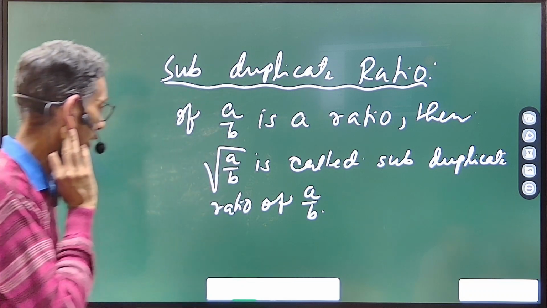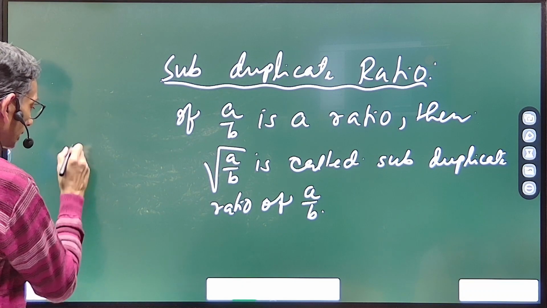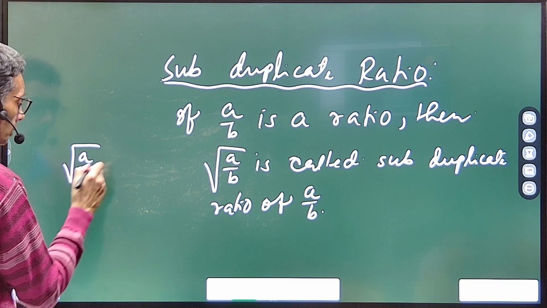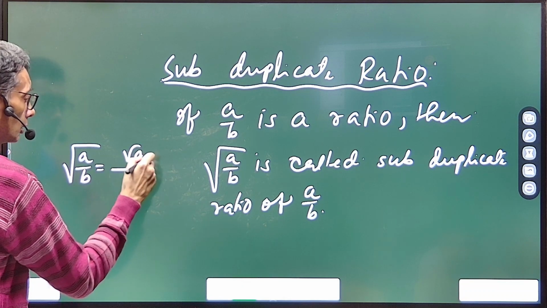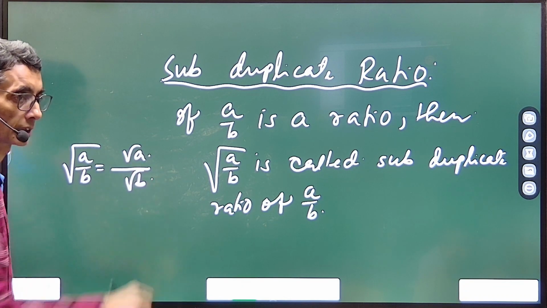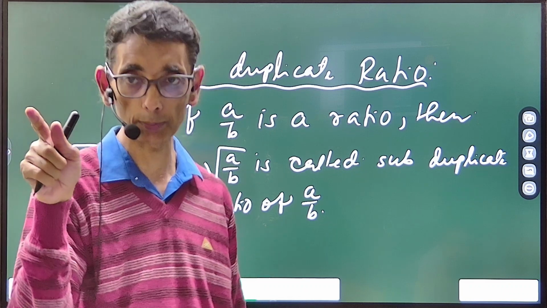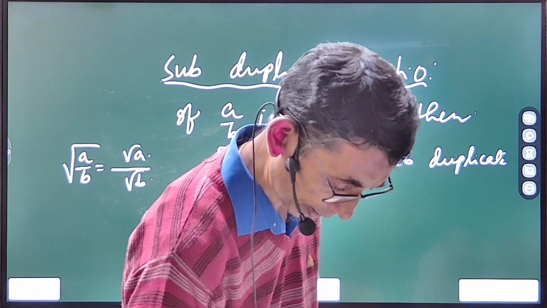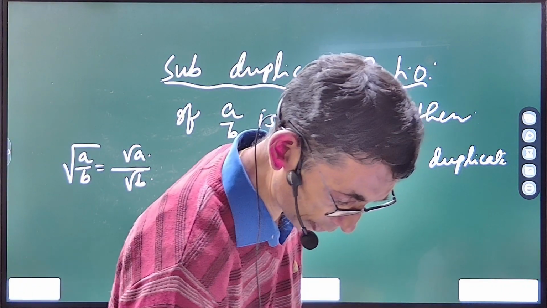And root A by B can also be written like this, by the property that root A by B is the same as root A divided by root B. Then next is the subtriplicate ratio.